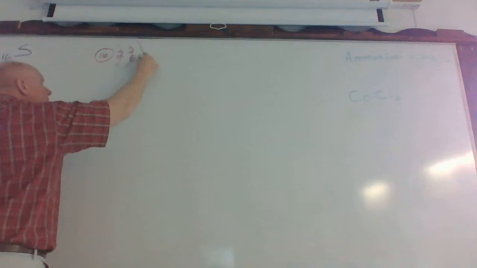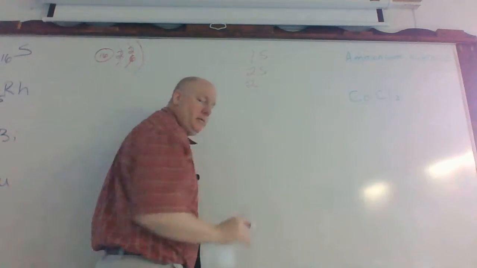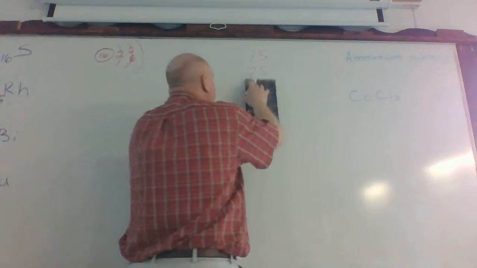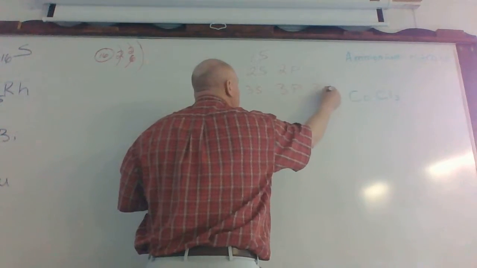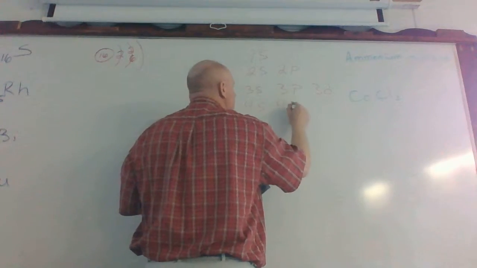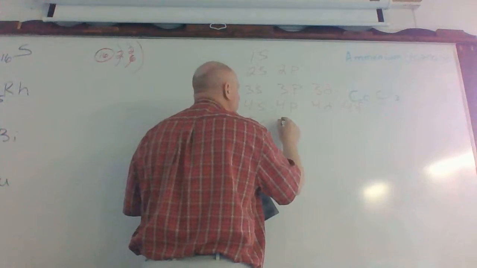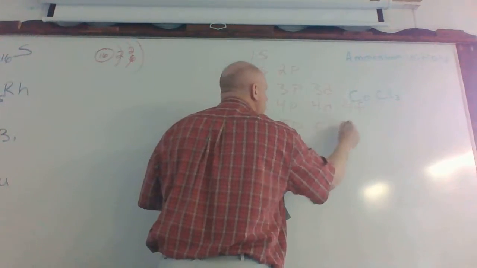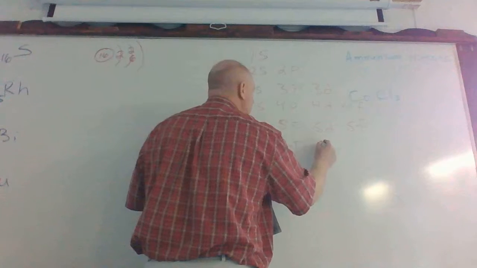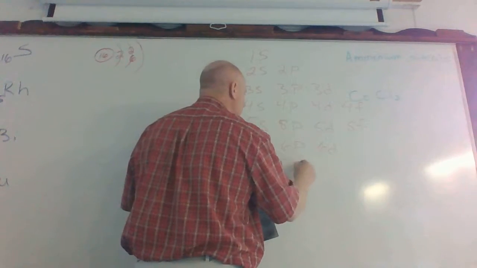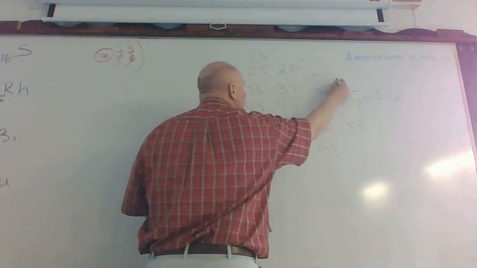So following your slide rule, remember it looks something like this. That goes over here. Okay, so remember these are diagonal lines that go through here.